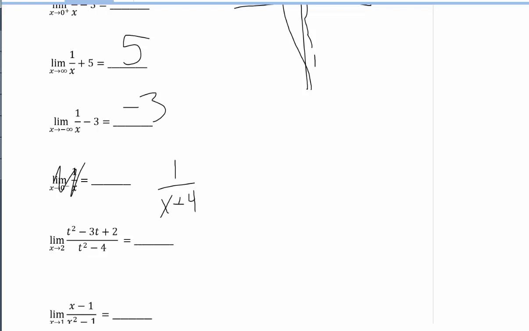What it's going to do is change where the vertical asymptote is. So you could actually plug 0 into this function if you want. You get 1 over 0 plus 4. Normally, if you're taking the limit as x approaches 0, you think, oh, you can't do that, but you can do it here because that actually is in the domain.